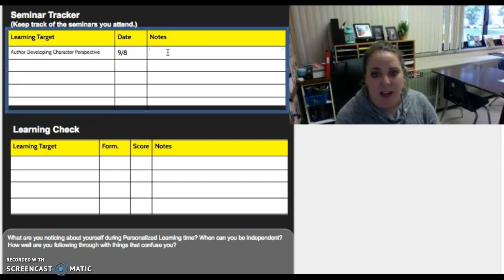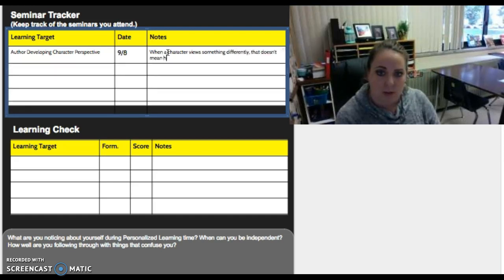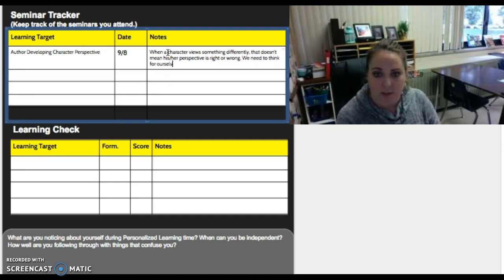So it might be something like, when a character views something differently, that doesn't mean his or her perspective is right or wrong. We need to think for ourselves, right?